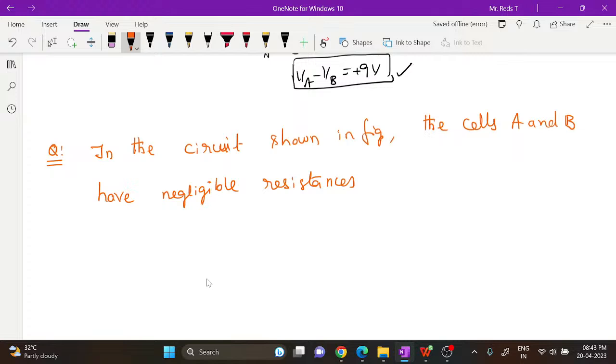For VA equal to 12 volts, R1 is equal to 500 ohm, and R2 is equal to 100 ohm.